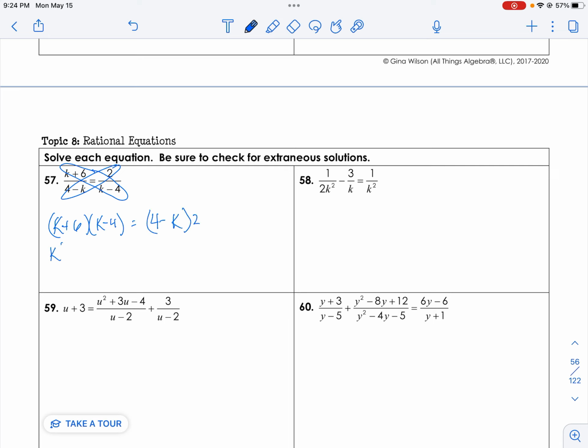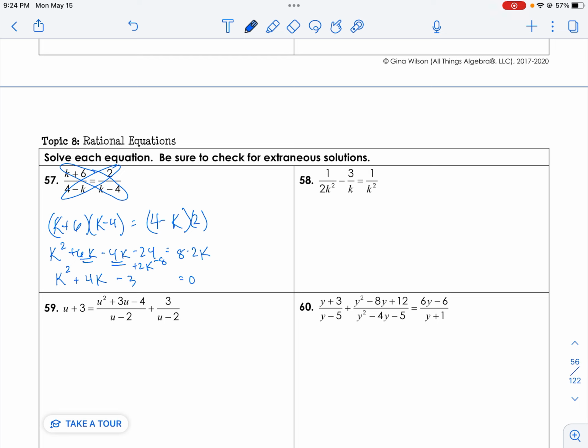So that's k squared plus 6k minus 4k minus 24 equals 8 minus 2k. Combining like terms here, k squared plus 6k minus 4k. Let's move that over to be plus 2k. So that's 8 minus 4, that's plus 4k minus 24 minus 8. Set that equal to 0 and solve for k.